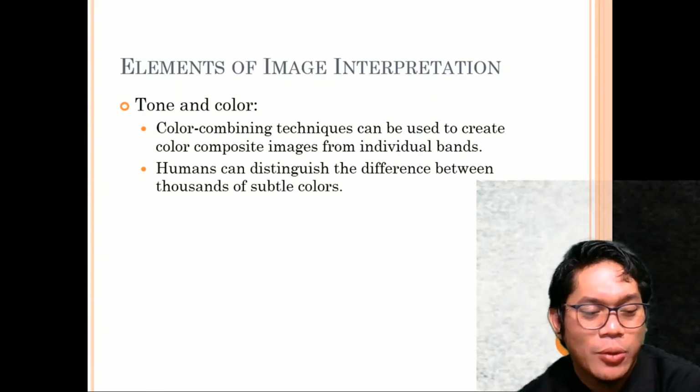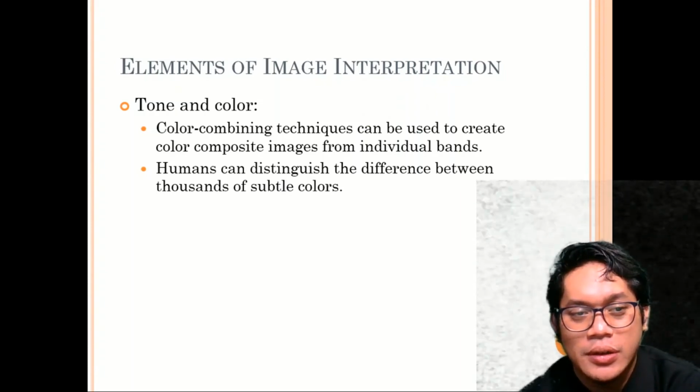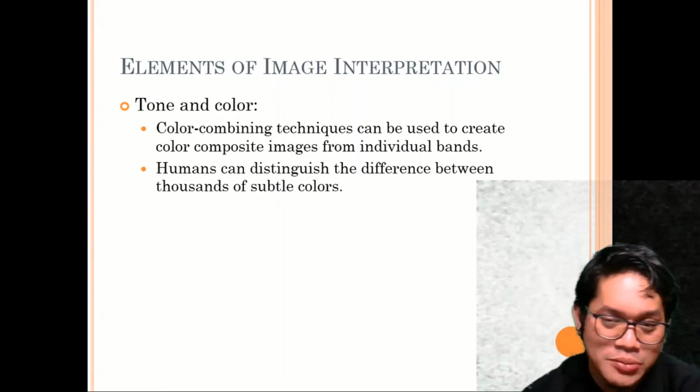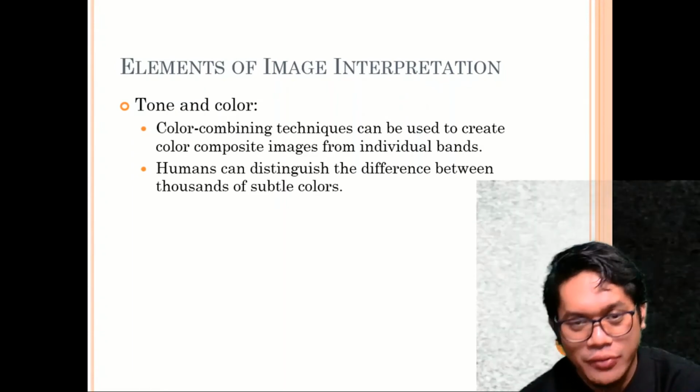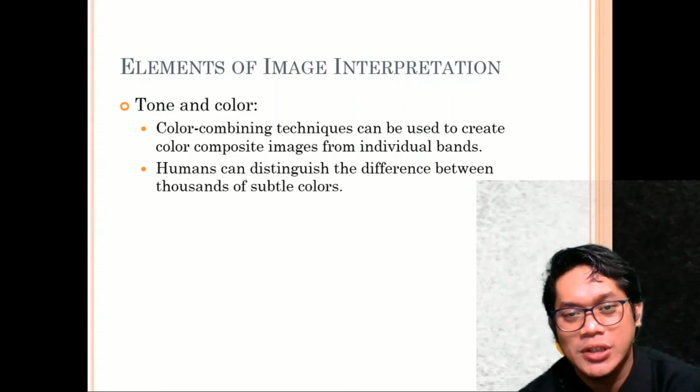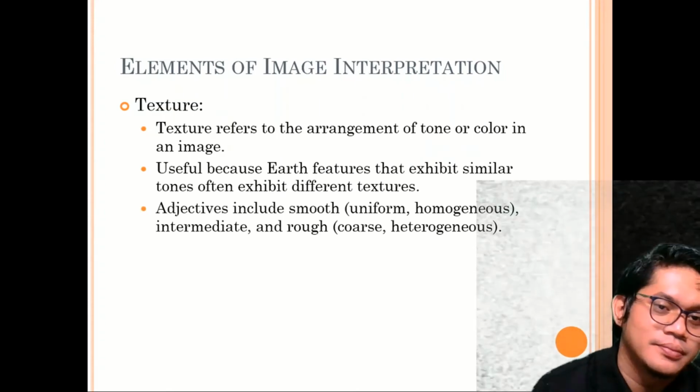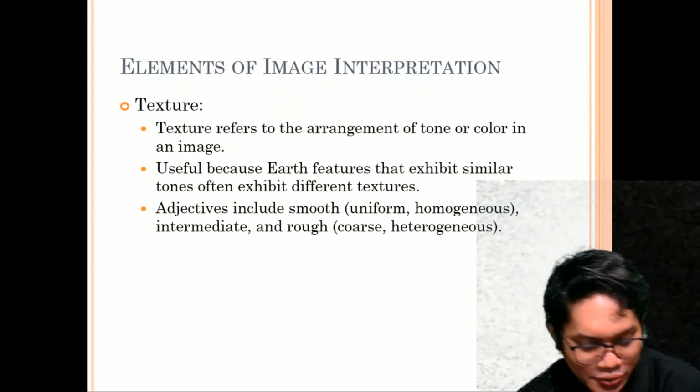So why do we do this? Because humans can't really distinguish objects without the colors that we are familiar with. Therefore, this color combination helps human beings understand more. And of course, there is texture as well.